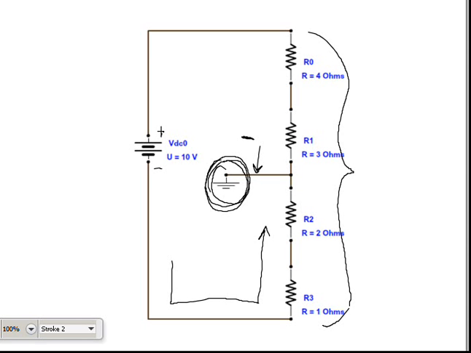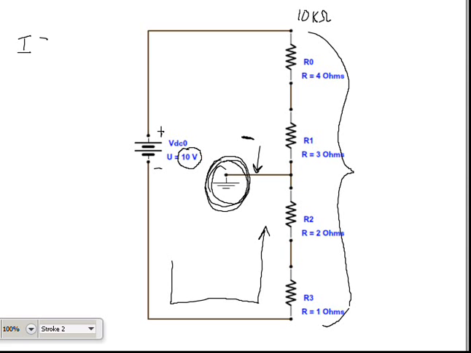Okay, here I have another 10K string. All the values are given to us this time. So I've got 10K ohms and 10 volts. So now let's just apply Ohm's law real quick and find out what the current's going to be in the circuit.